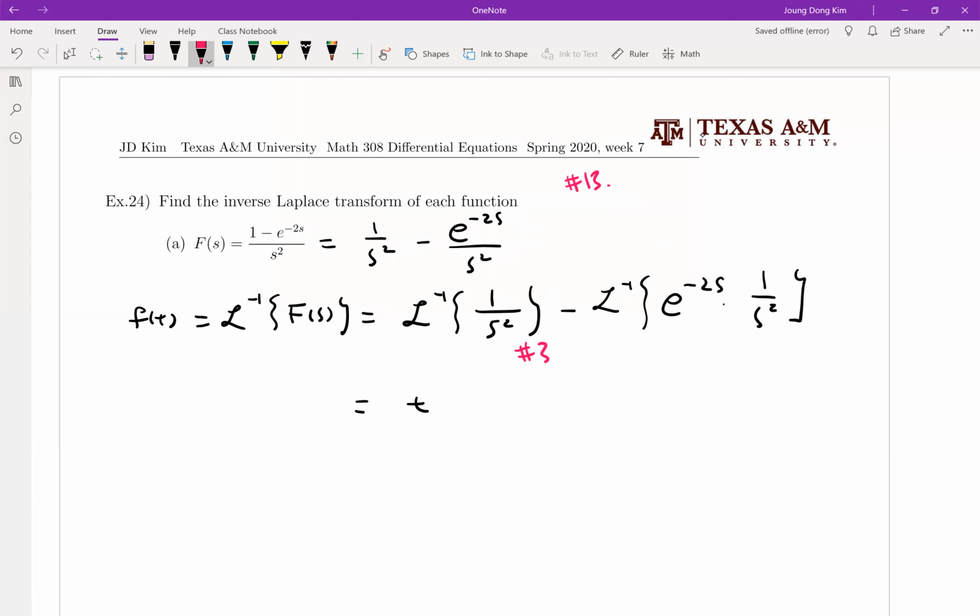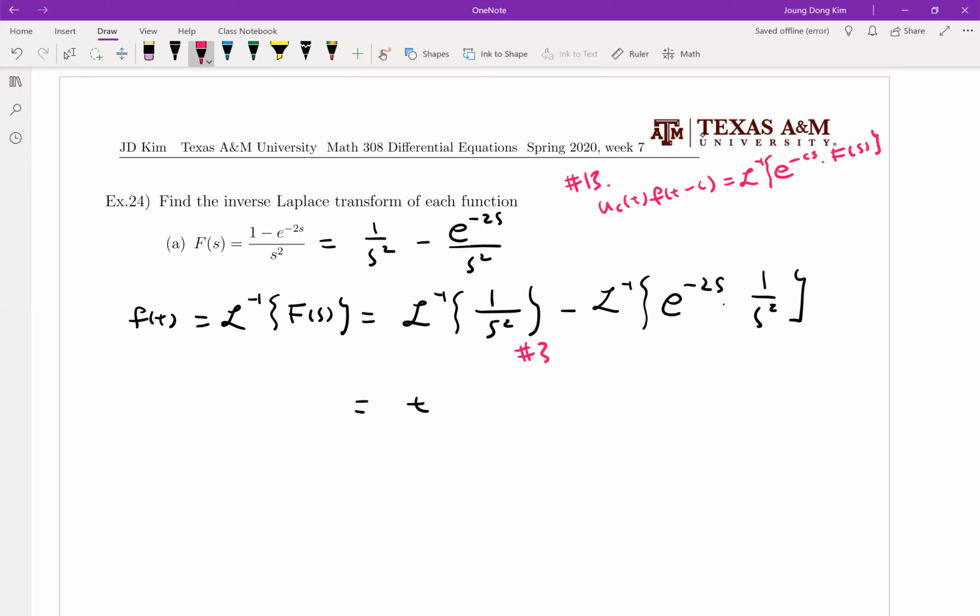It will be u_c(t) f of t minus c is equal to inverse Laplace transform of e to the minus cs and F of s, okay? Let's try to match, okay?